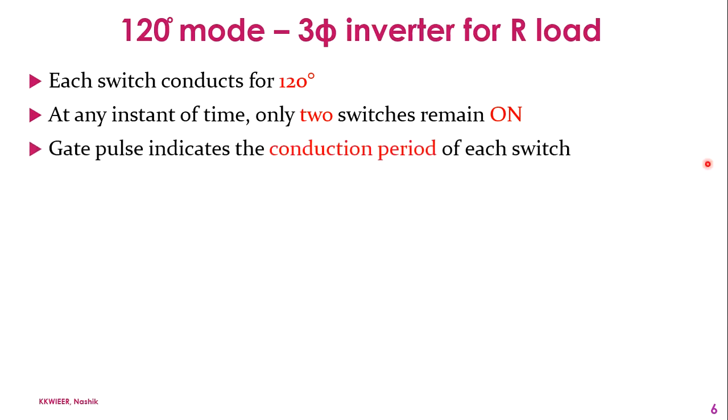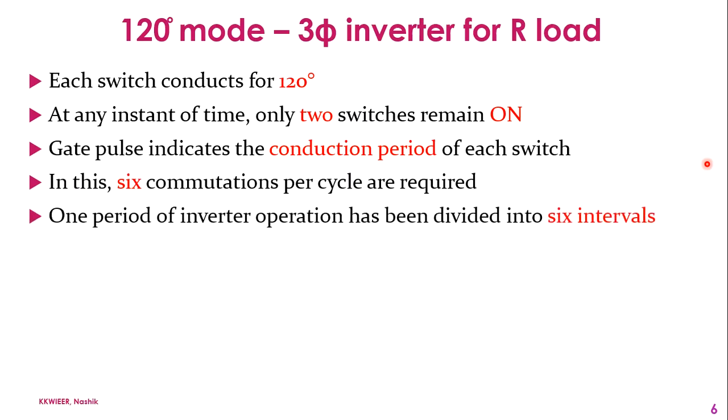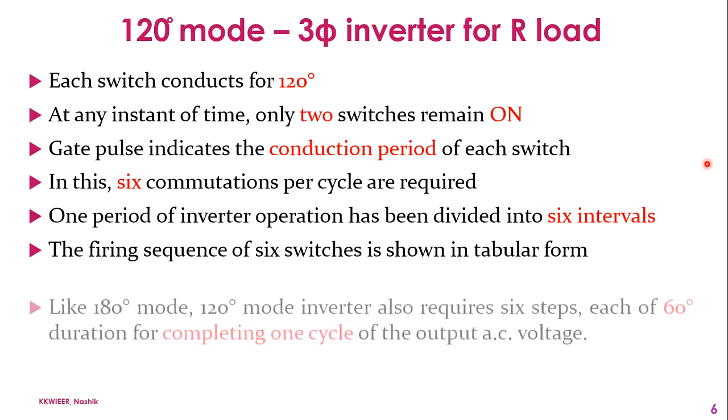The gate pulse indicates the conduction period of each switch, and in this 120-degree mode 6 commutations per cycle are required. One period of inverter operation has been divided into 6 intervals, 1 to 6, and the firing sequence of the 6 switches is shown in tabular form in the next slide.